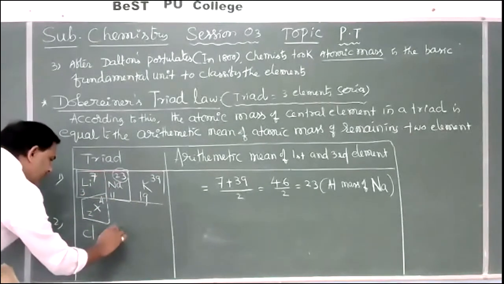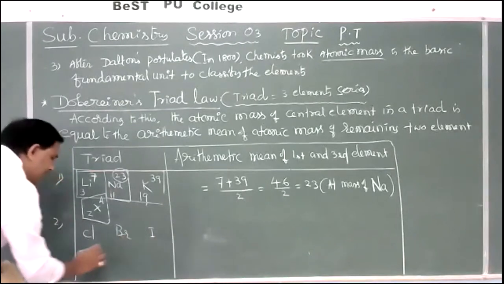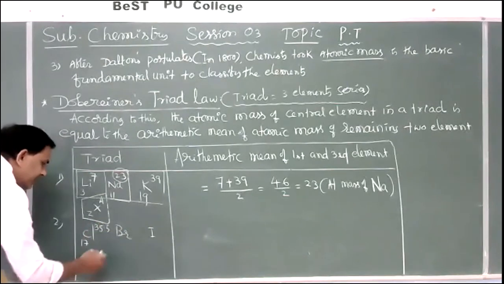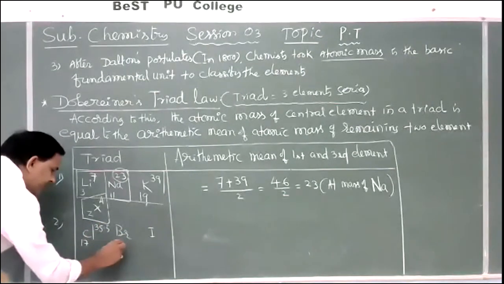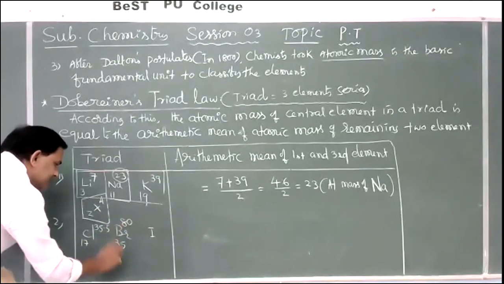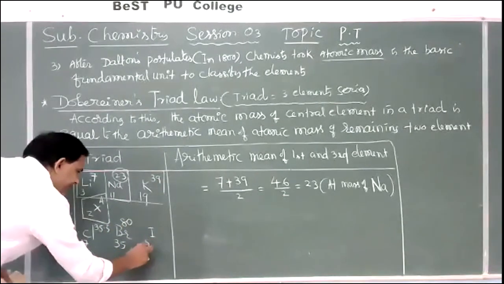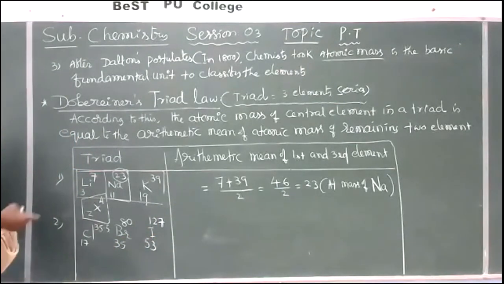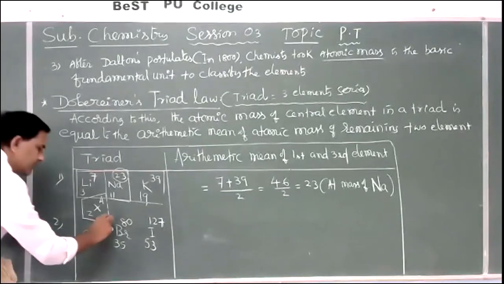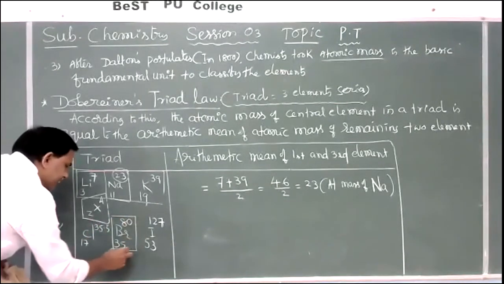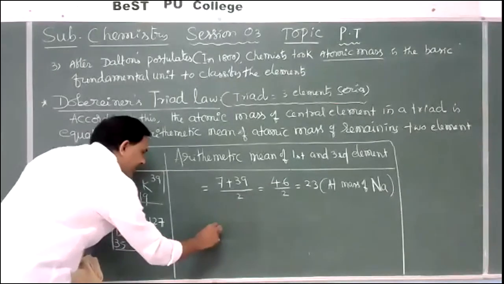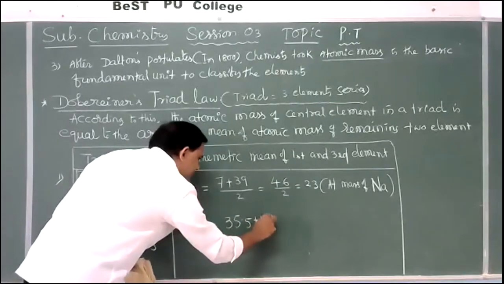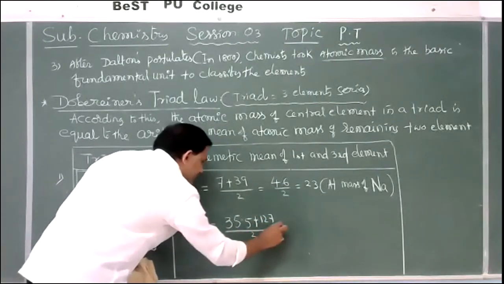That is chlorine, bromine, and iodine. This is 17, 35.5. This is 35, 80. This is 53, 127, the atomic masses. Now this is the triad's central element. Now its average is 35.5 plus 127 divided by 2, the arithmetic mean.